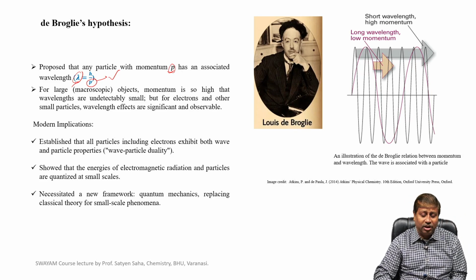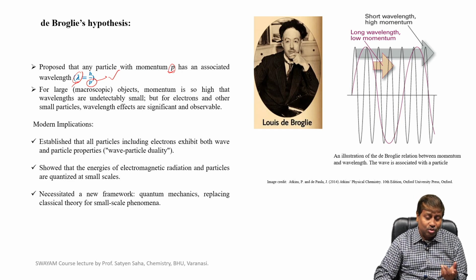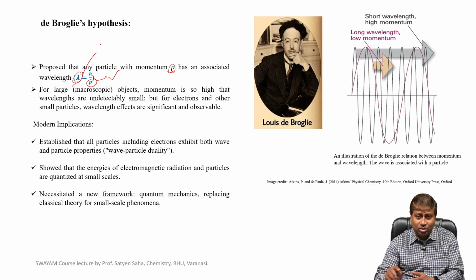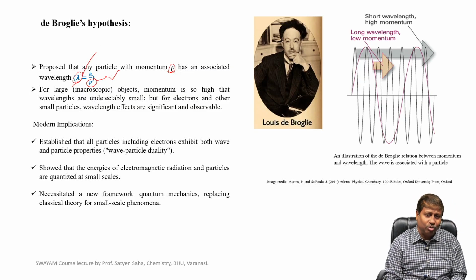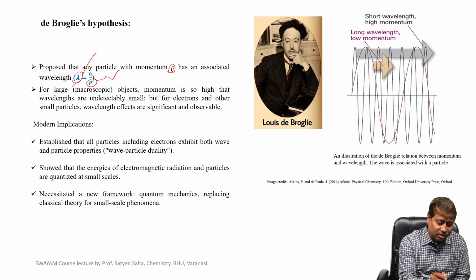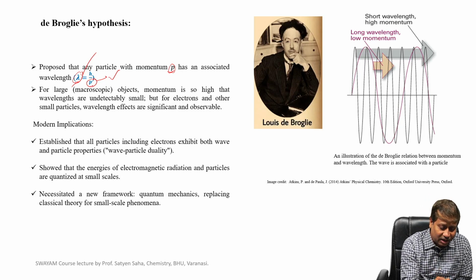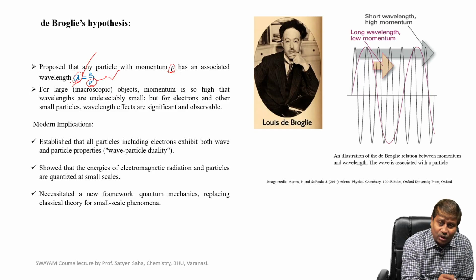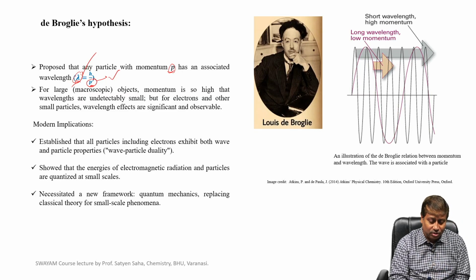But in the case of electron or neutron, their mass is very low, so you can observe the lambda. If the mass is high, lambda will be very small. If the mass is low, lambda will be reasonable to observe.